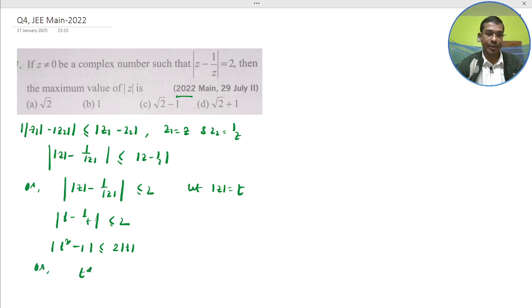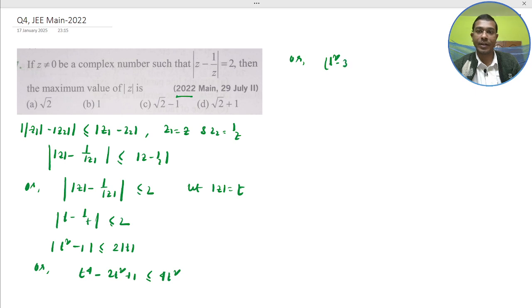Or t to the power 4 minus 2t square plus 1 is less than or equal to 4t square. You just solve here and get a quadratic equation: (t square minus 3) whole square minus (2 root 2) whole square is less than or equal to 0.